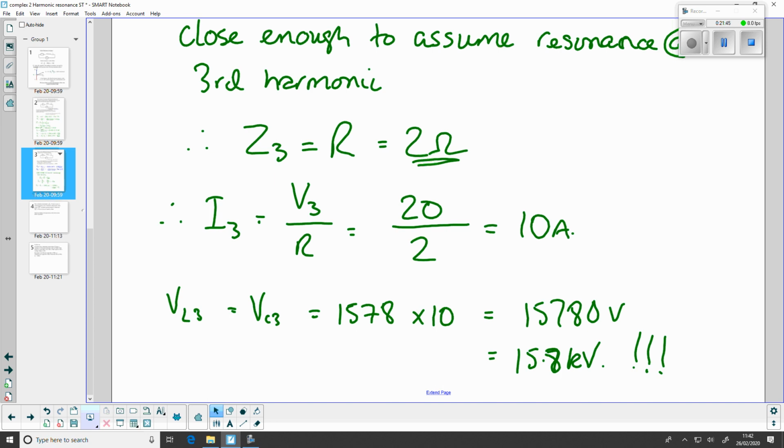So, in summary, from the first calculations we had 0.142 of an amp, 675 volts across the capacitor, and 74.7 volts across the inductor. Here we've got 10 amps flowing at the third harmonic, and nearly 16 kilovolts across the reactive components.